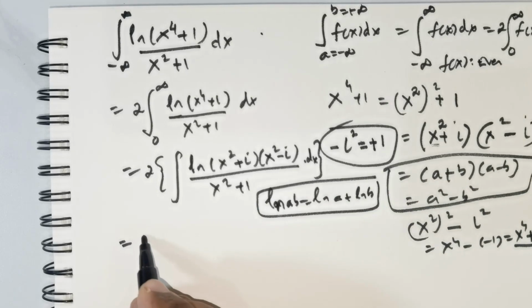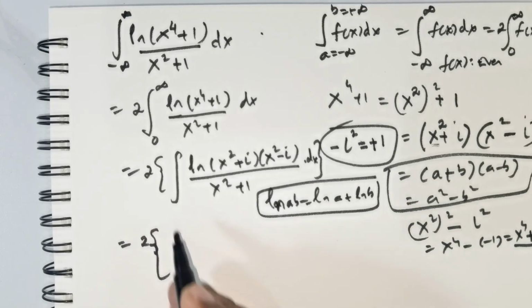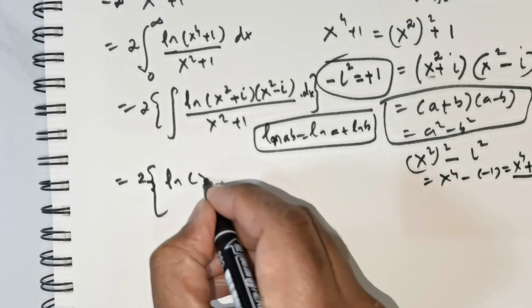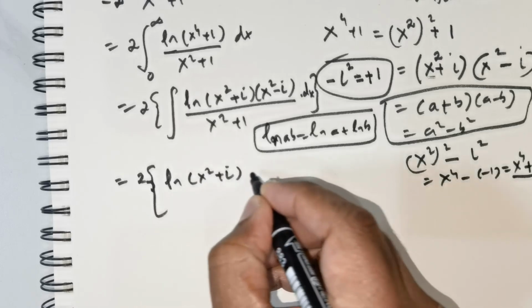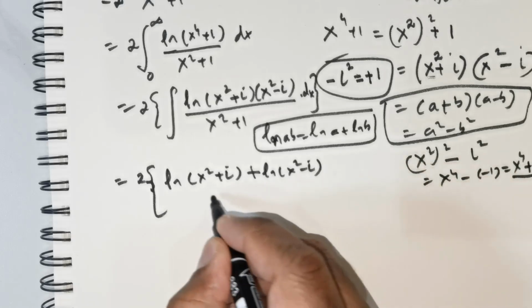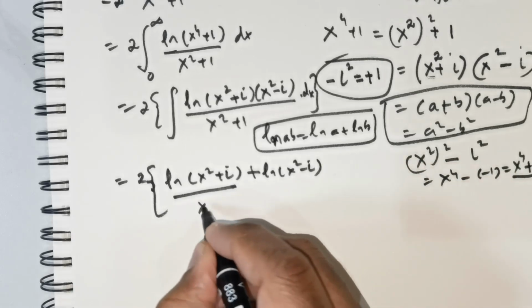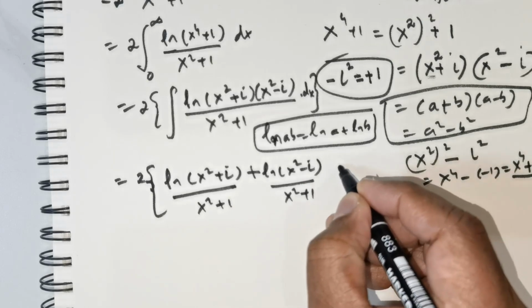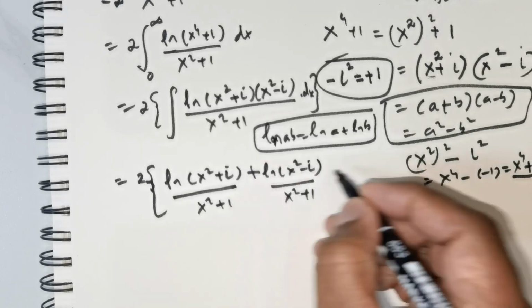So I can use that logarithmic property to rewrite this as ln of (x squared positive i) positive ln of (x squared negative i). So you got a denominator for this, and then we need to have the operator dx.